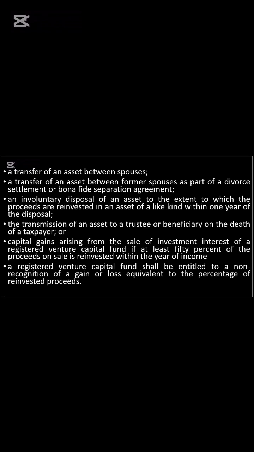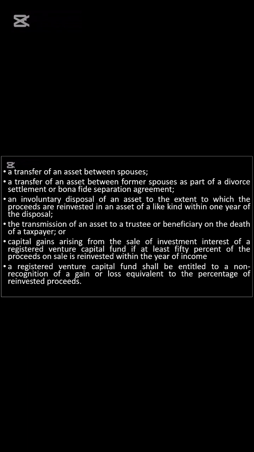Then the transmission of an asset to the trustee or beneficiary. Maybe an asset has been transferred to a beneficiary on the death of the taxpayer. Maybe a taxpayer had made a will and this asset will be given to someone after the death of the taxpayer.